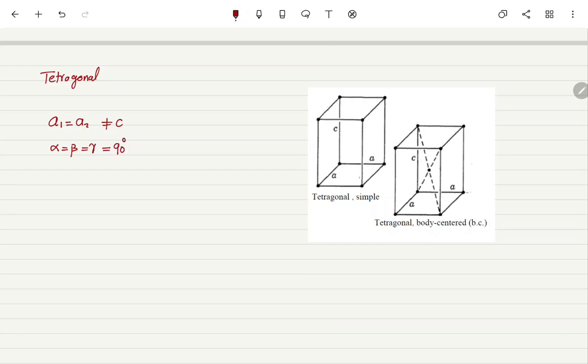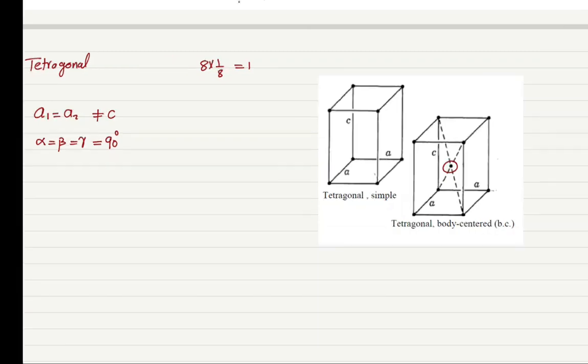Now it's called simple because we have 8 atoms right in the corners, and each atom is sharing 1/8. So 8 times 1/8 equals 1. Now the body-centered: in the middle of the cell we can see a complete atom. It's called body-centered, and the same rule applies.